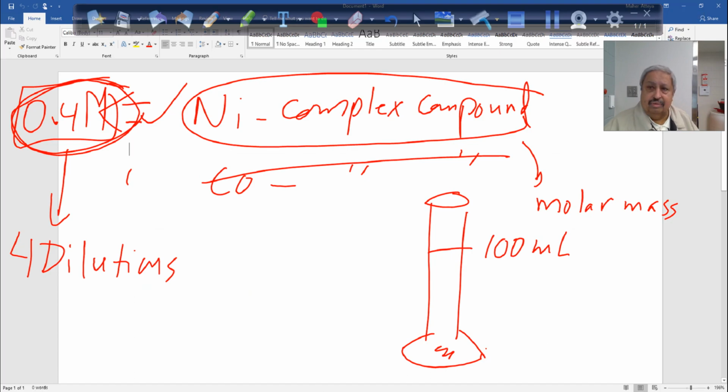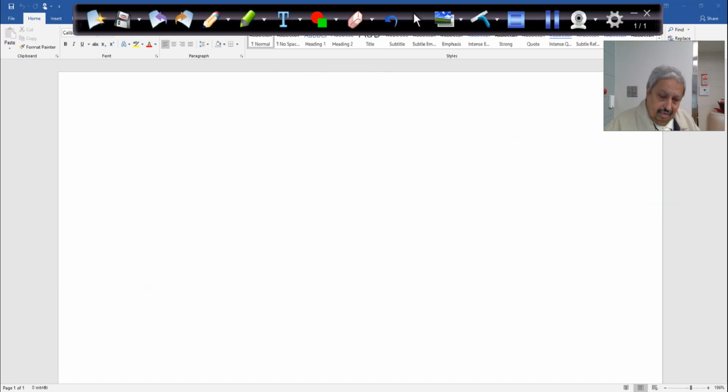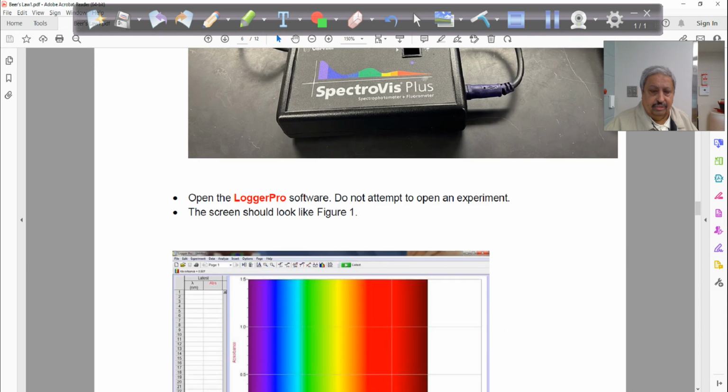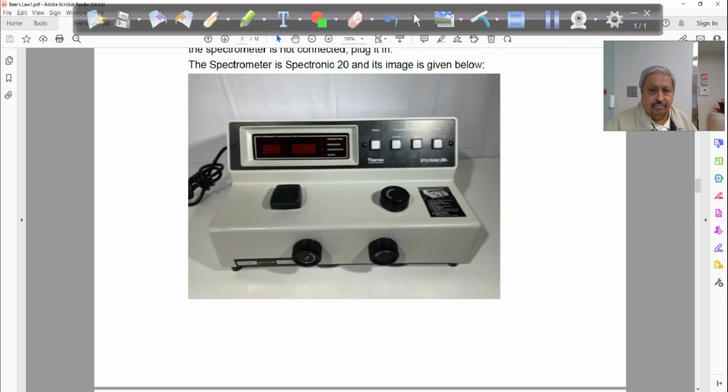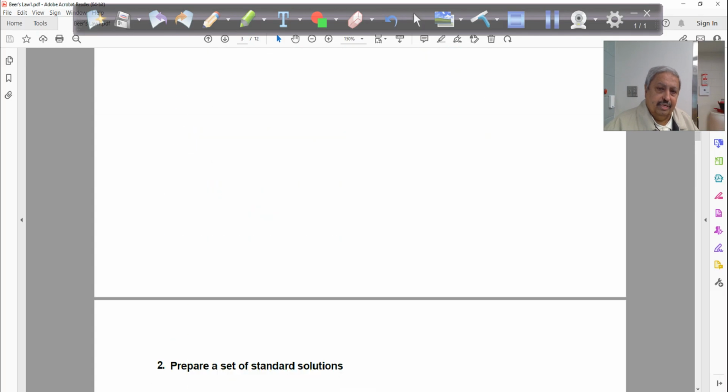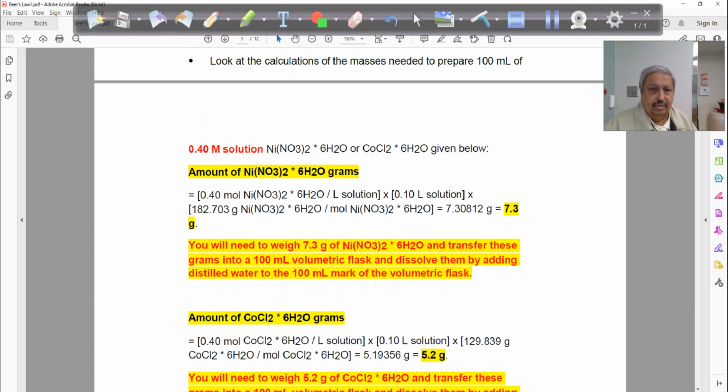So let's take this one out and look at the nickel hexaaqua nitrate or chloride, either or, but we have to know exactly what we are using. So the one we will be using is the nickel, not the cobalt. So here it is, nickel nitrate hexahydrate.